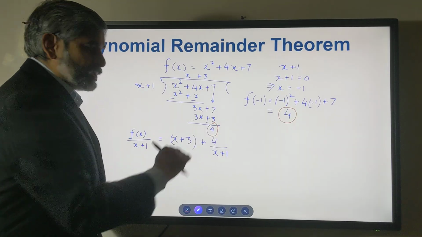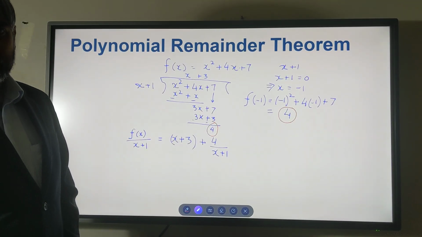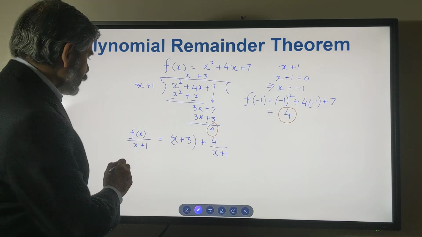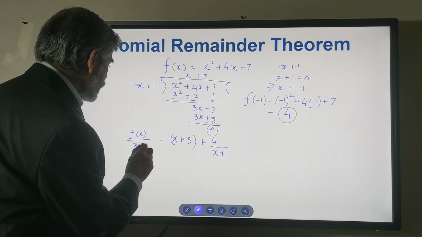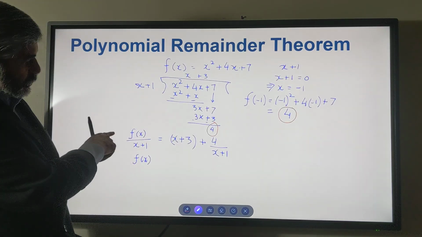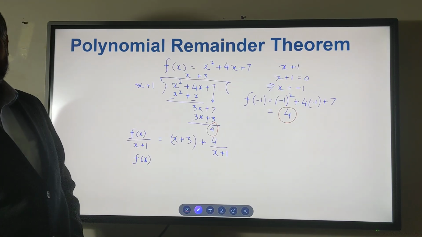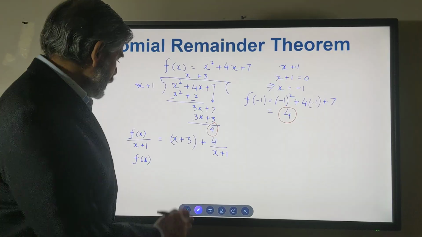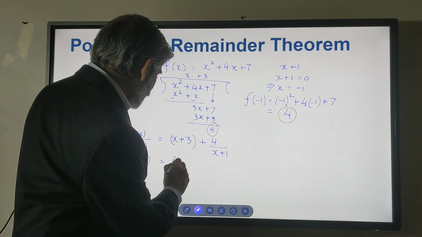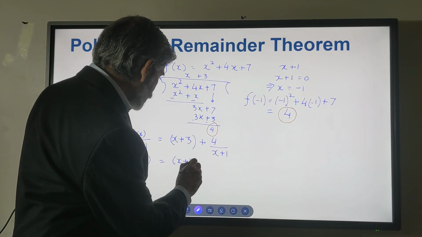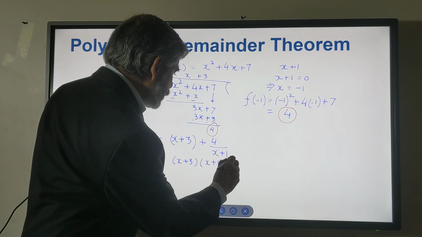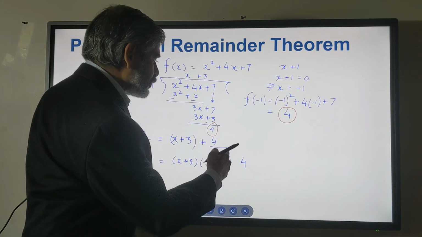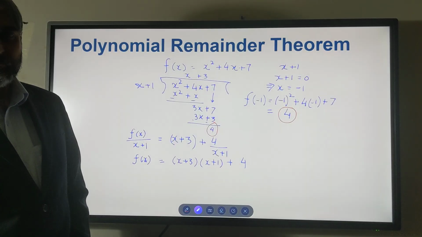Now what I'm going to do is multiply this whole equation by x plus 1. So f(x), if I multiply this by x plus 1, then x plus 1 cancels out. So we get f(x) equal to x plus 3 multiplied by x plus 1, plus 4, where x plus 1 cancels x plus 1.